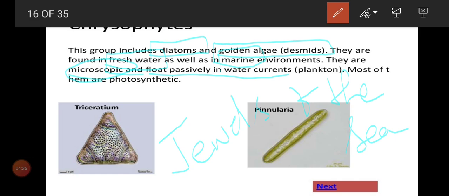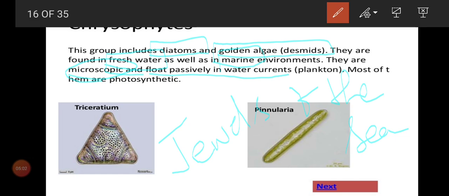Where the water goes, in that same direction the diatom will start to move. That is what we call passive movement. There is no active movement. It only goes along with the water current.